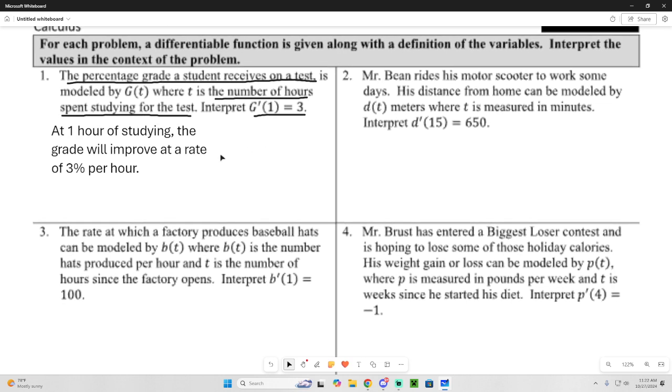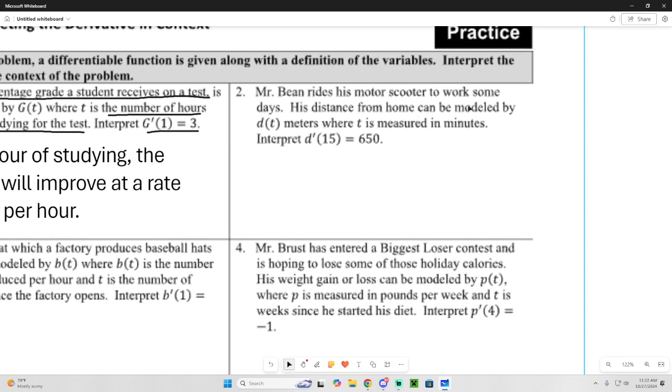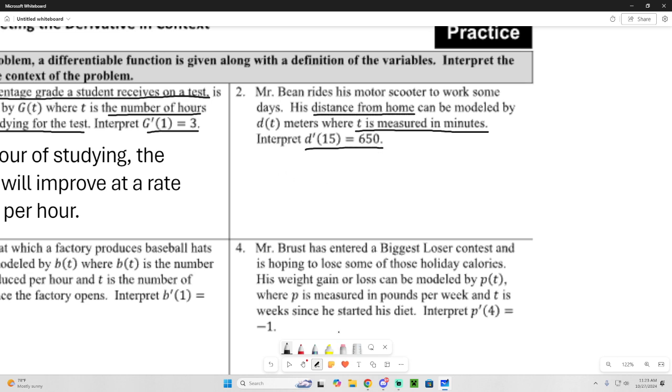Alright, next question says, Mr. Bean rides his motor scooter to work some days. His distance from home can be modeled by d of t. Let's underline our independent variable. t is measured in minutes, and d of t is his distance from home. We need to evaluate d prime of 15 equals 650.